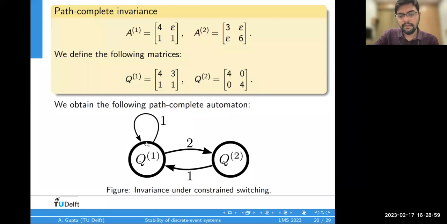And the idea is that I can restrict how I switch between these two systems. If I say that arbitrary switching is too conservative for me, and I can only switch in a certain way between these two matrices, and I can bring in that information, I can find better bounds on the ultimate makespan of the system. So this is more or less what I do here. Again, there are a lot of tools that can be derived using the tools that I present in my thesis.